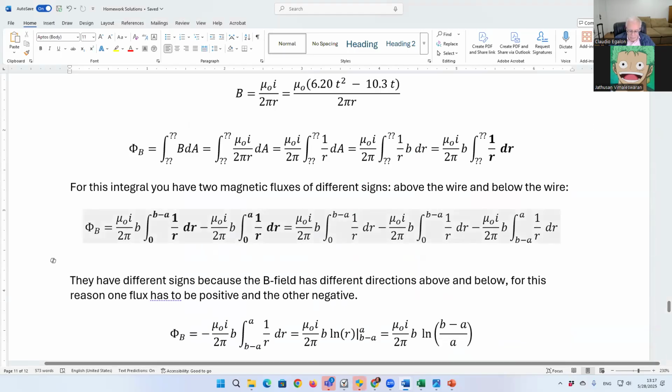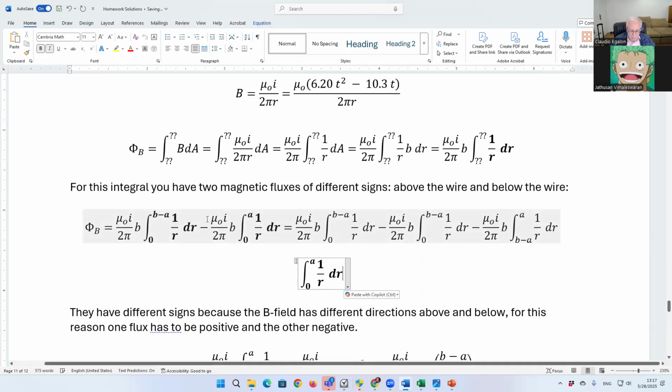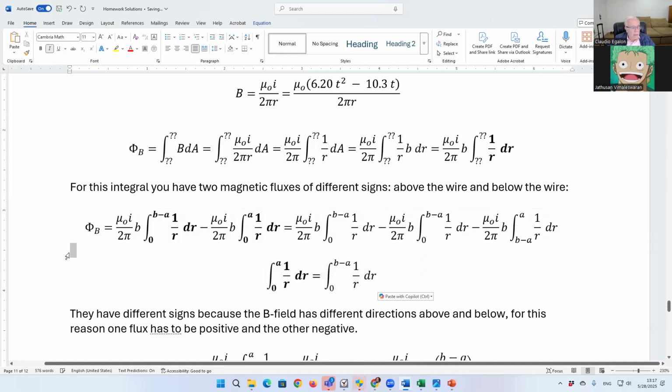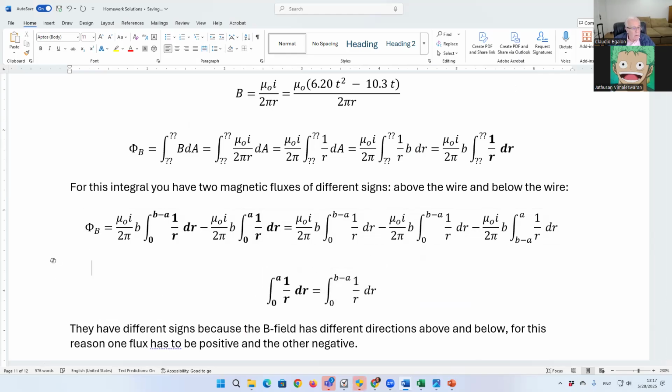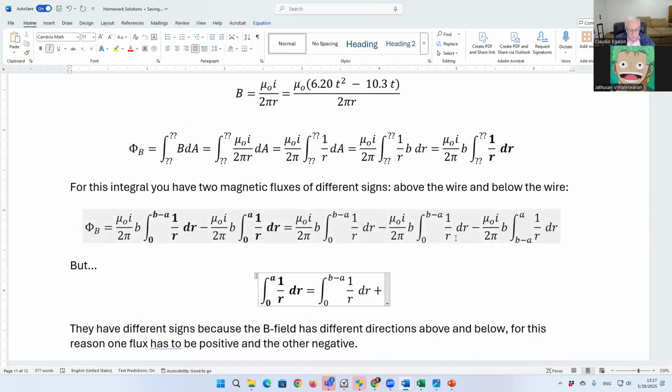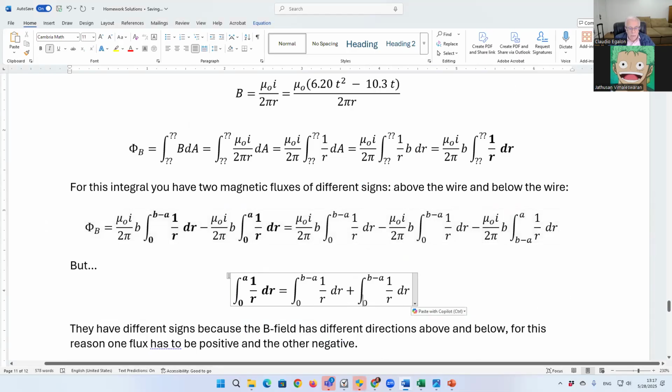It is equal to this plus this, b minus a to a, like that.